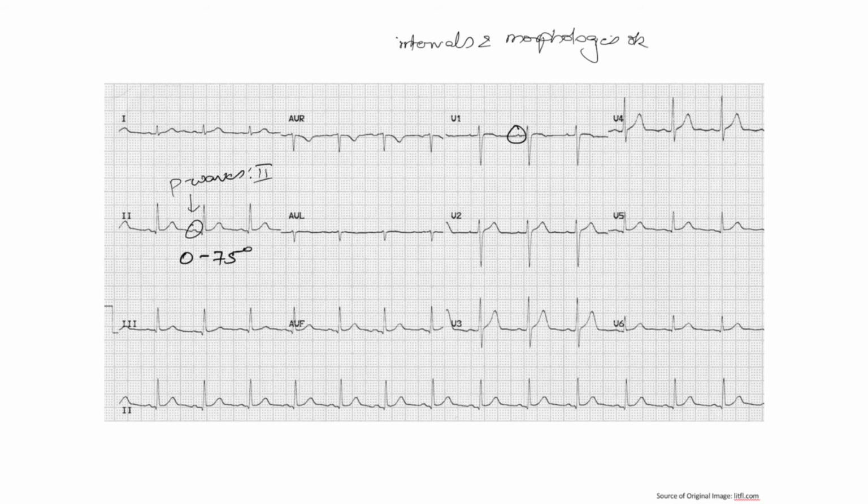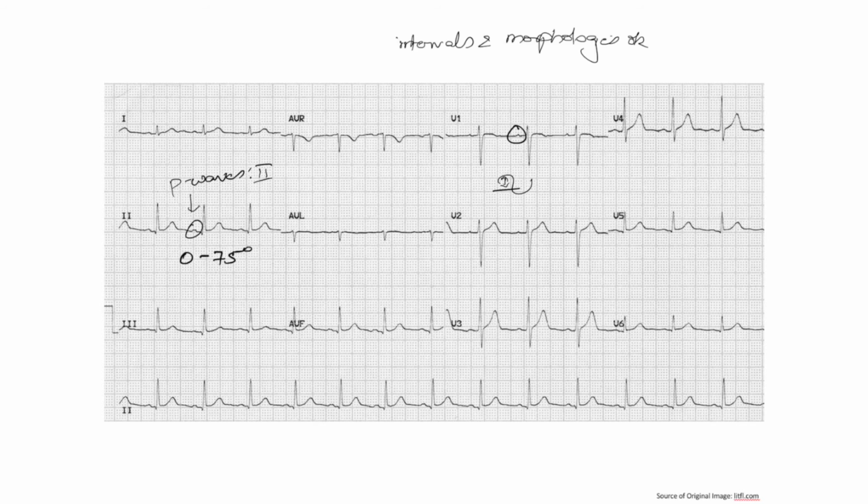And also in V1, where they're biphasic, the amplitude of the positive wave is less than 1.5 millimeters, and the negative wave is typically less than one small box deep and one small box wide. So if it's more than one small box deep or more than one small box wide, that could be abnormal.